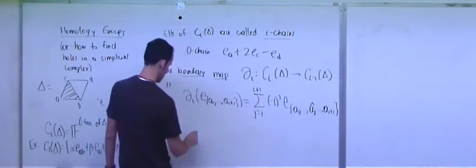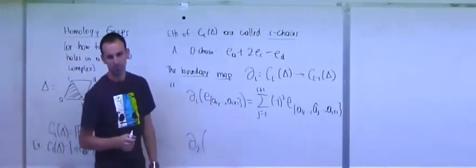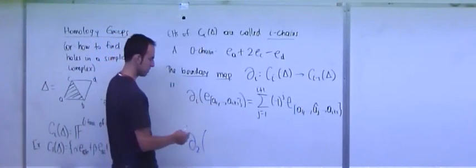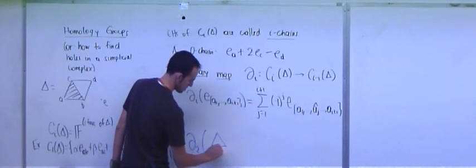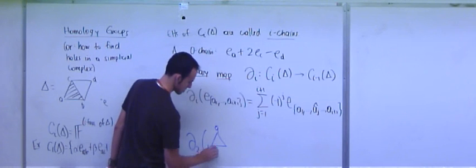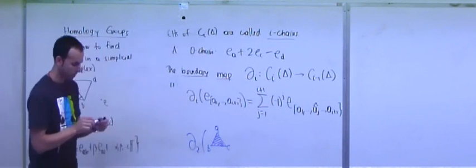For example, what's delta 2 doing to E of A, B, C? Well, you should think that E sub ABC represents this guy. Okay.